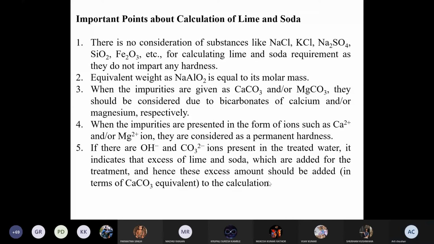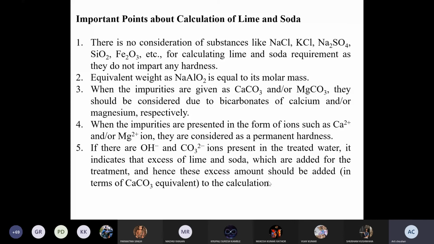Means you use lime and soda for the softening process. If hydroxide and carbonate ions are given, it indicates that maybe you have used the lime and soda in excess. That's why you are getting these ions in that water. Hence this excess amount should be added to the calculation.